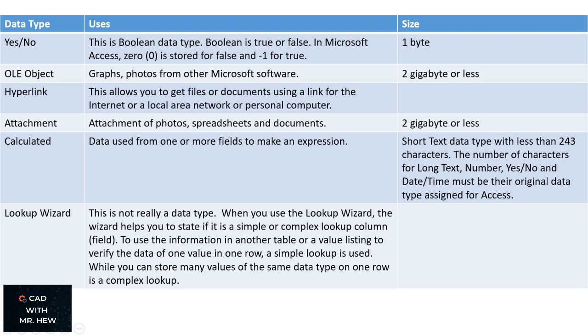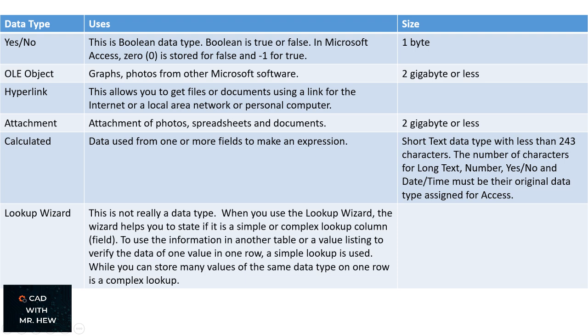But in Microsoft Access specifically, 0 is used to store false and -1 is used to store true. That is according to the Microsoft Access website. And the size is 1 byte, right?